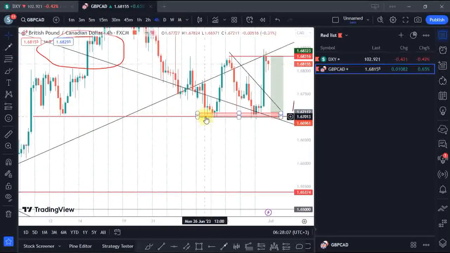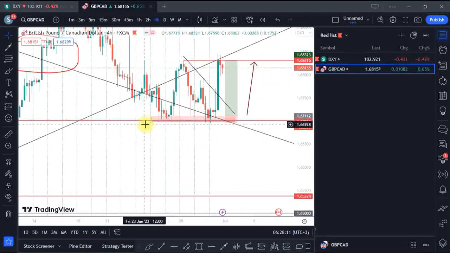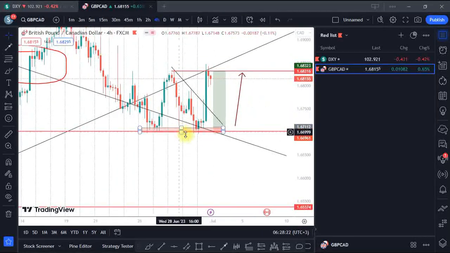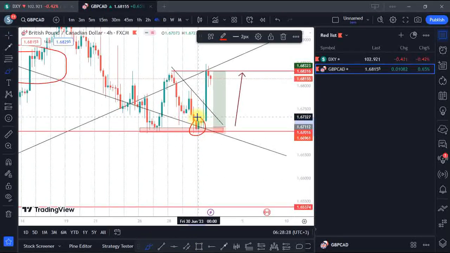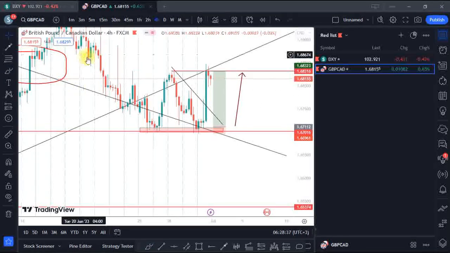You can see I placed my horizontal ray line and put my rectangle here to cover the full zone where I was expecting a market reaction, and I got my market reaction here. The market reaction I was looking for was the tweezer, the bearish candle and the bullish engulfing candle.